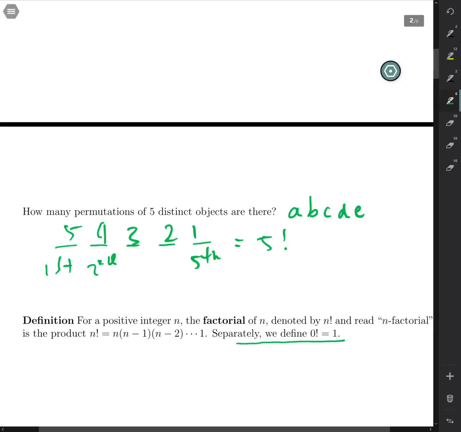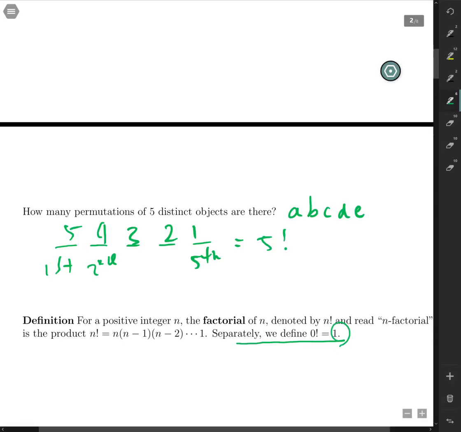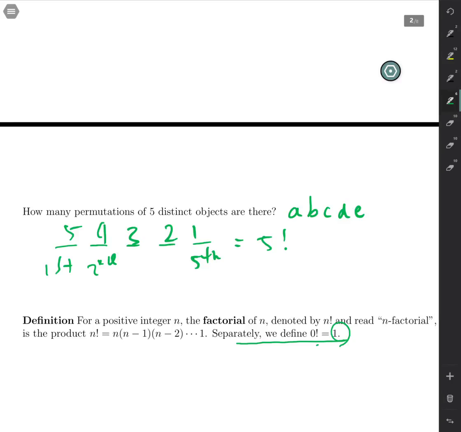That's because it's convenient in the expressions we use, and makes the formulas that we develop valid even when the 0 occurs in the formula with a factorial. An alternative way of thinking about it is that the multiplicative identity is 1. Multiplying by 1 doesn't change it, and so 0 factorial is simply 1.